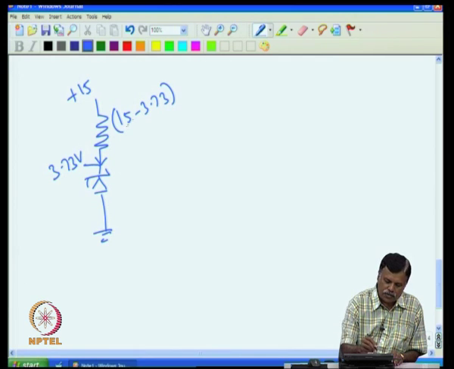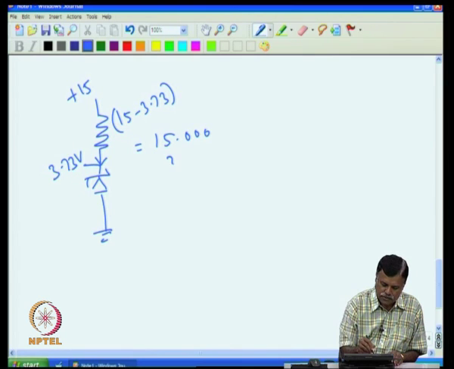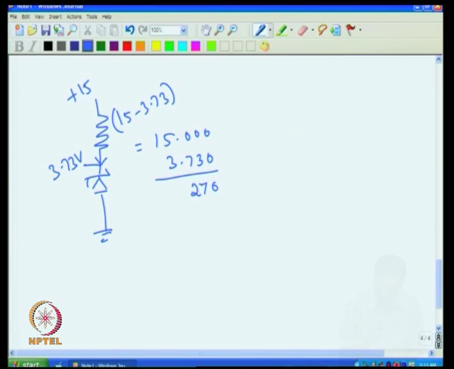That is the worst case voltage that will be seen across this resistance, and if you calculate that you will get 11.27 volt across this resistance.